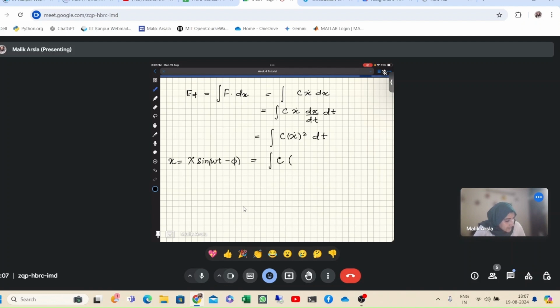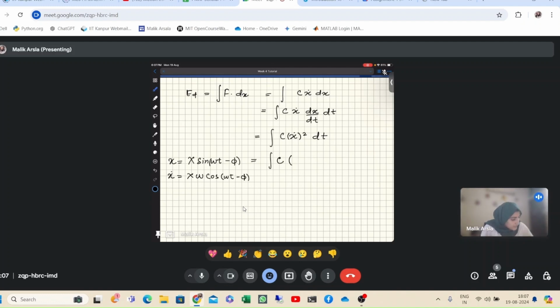Now it is c, and we know that x is equal to X sine of omega t minus phi, right? Now x dot will be equal to what? X omega, sorry, not sine, it will be cos of omega t minus phi, right?